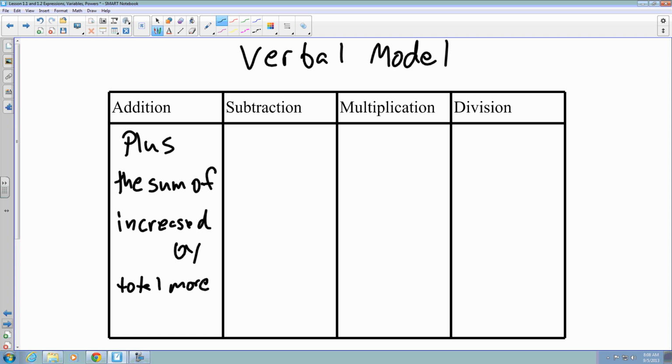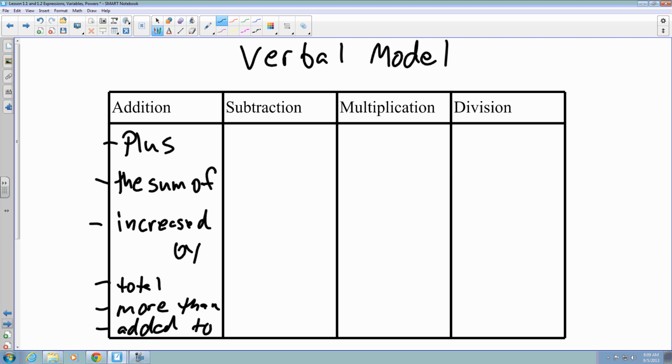Let's say that just total is by itself. And then let's say more than, and then let's say added to. So let's say here, here, here, here, here, and here. Okay? Those ones would be keywords and define what we're looking for.